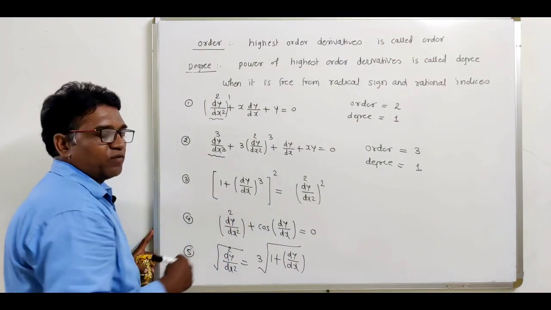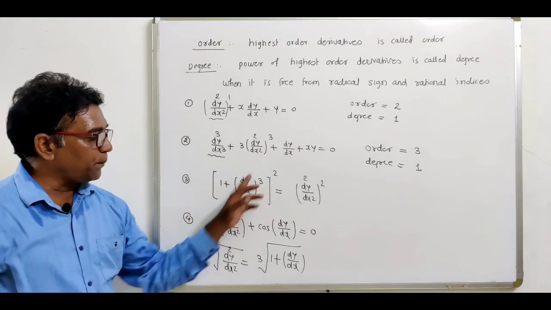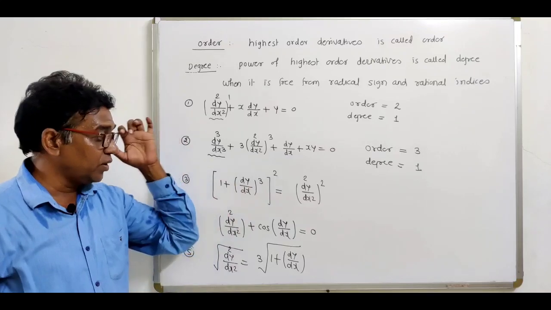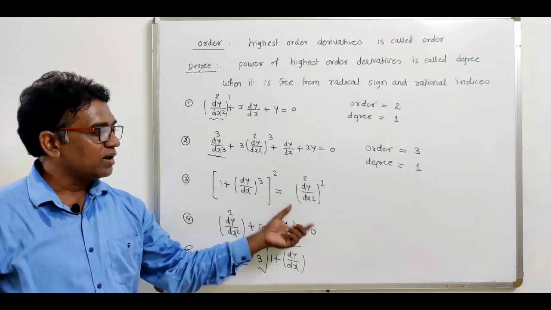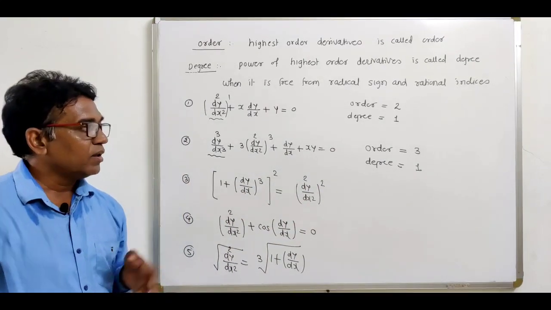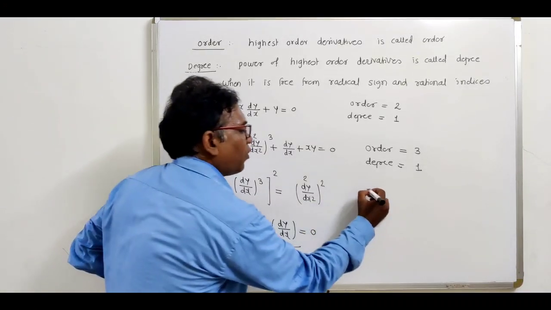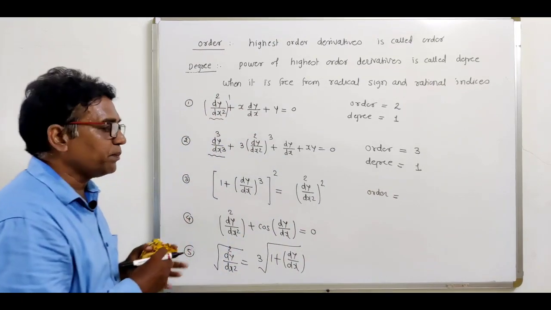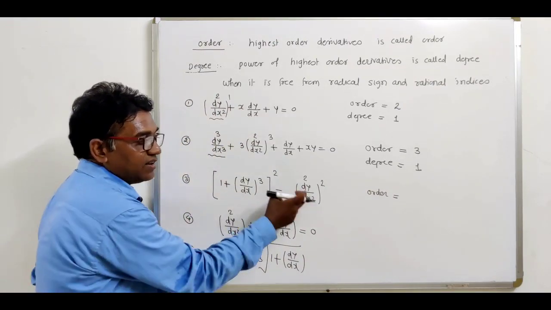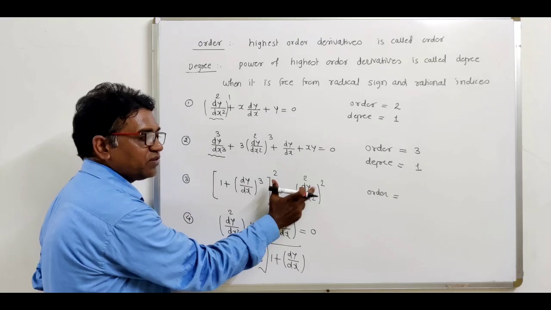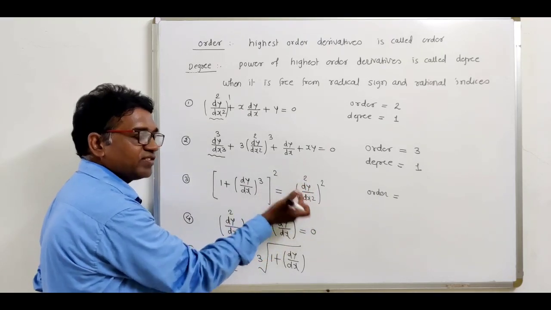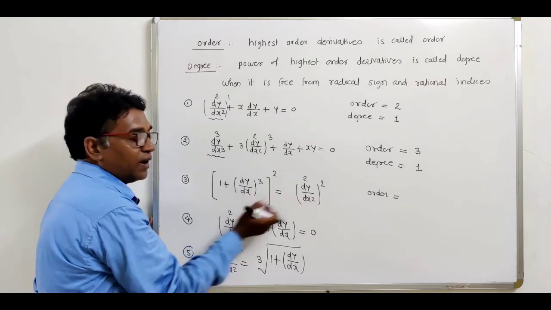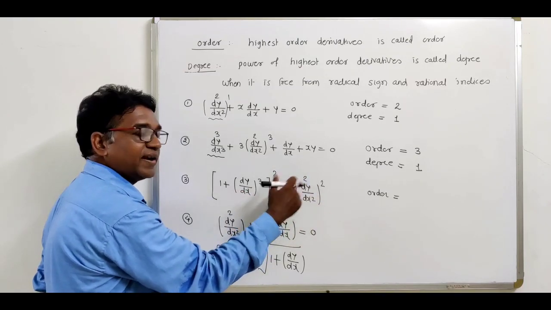Now in this third example, the equation is 1 plus (dy by dx) cube, whole square, equal to (d square y by dx square) whole square. Obviously, what is the order of this differential equation? Order means just find out the highest order derivative. d square y by dx square, we are differentiating y two times, so obviously this is the highest order. dy by dx is just the first derivative, and d square y by dx square is the second derivative.